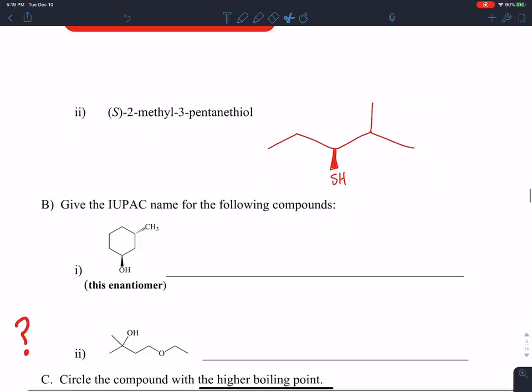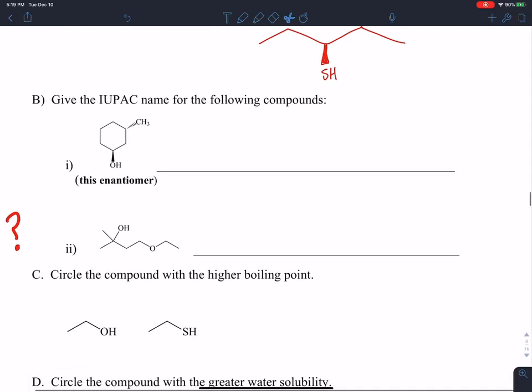Next one. Give the IUPAC name for the following compound. Right off the bat, the very first thing I can see is that I have wedged and dashed, so I should probably do my RNS. If we number 1, 2, 3, 4, the alcohol gets the smallest number possible. This gets a 1, and then this would be my 3.